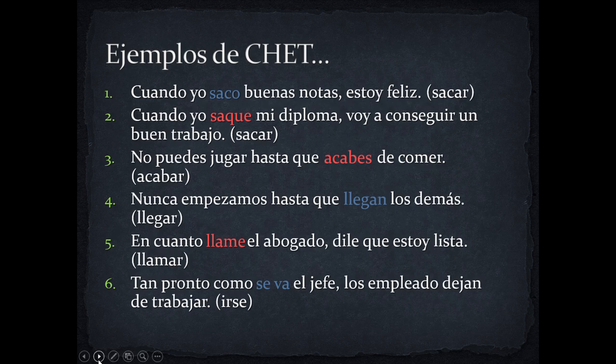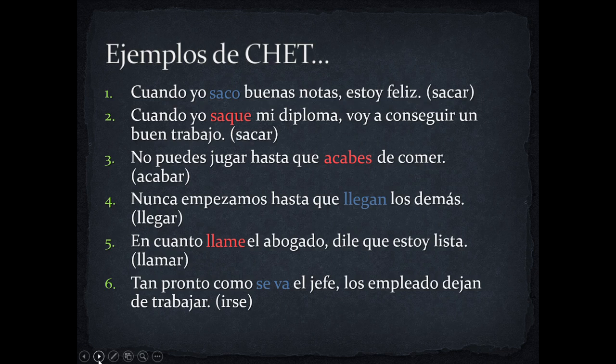Okay, so with these 4 expressions, the C is cuando, H hasta que, the E en cuanto, and the T tan pronto como. You have to make a decision whether they're going to use subjunctive or not, depending on the action. Once again, if it's a habitual action, something that you know that happens all the time, you use indicative.